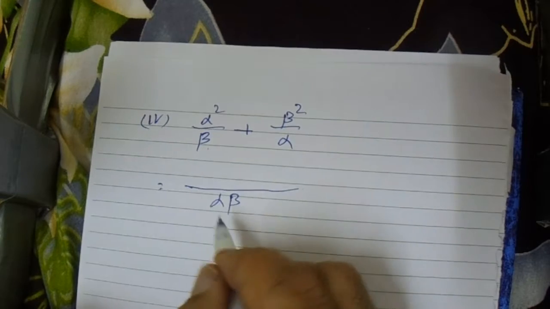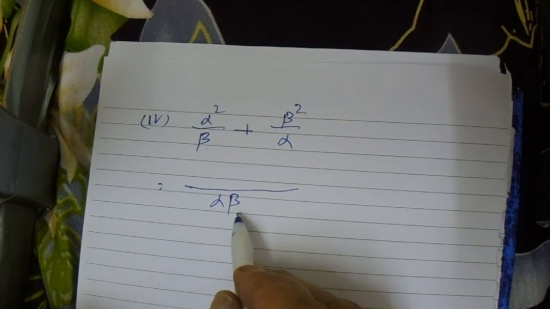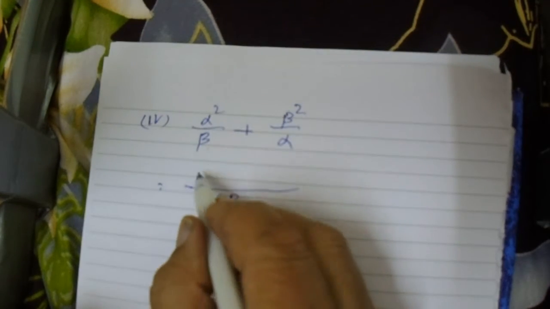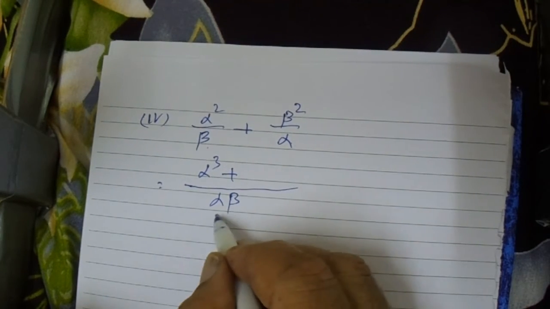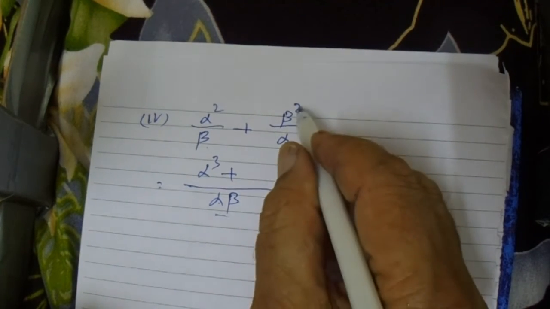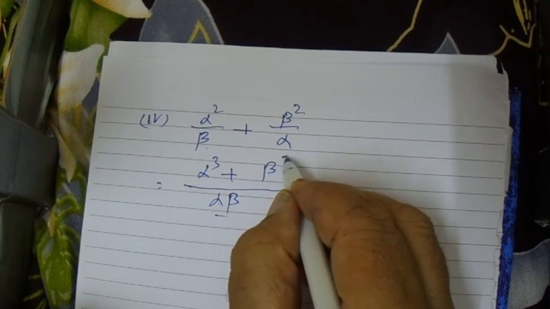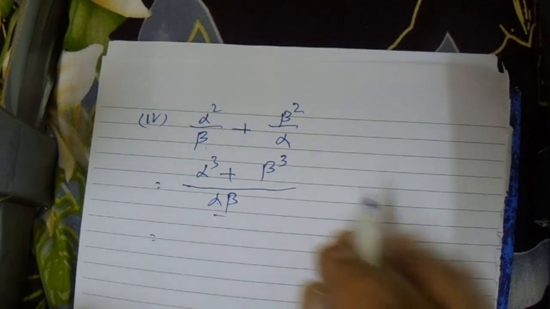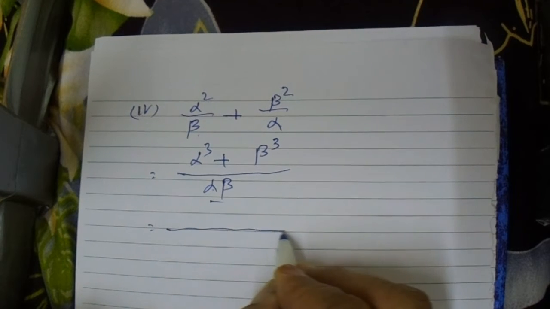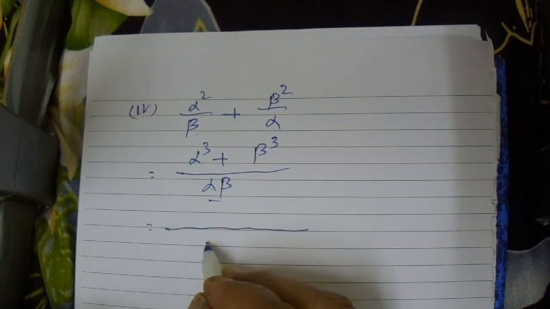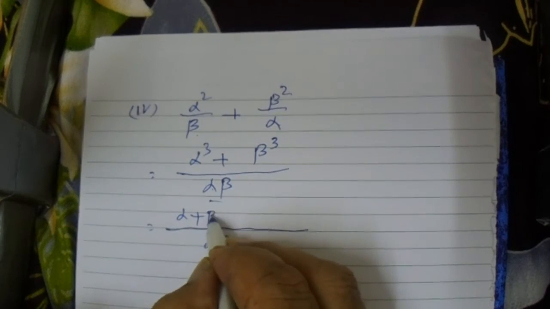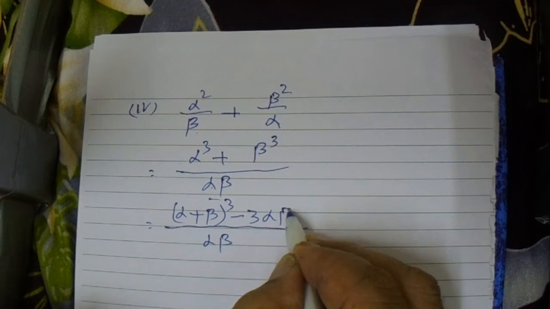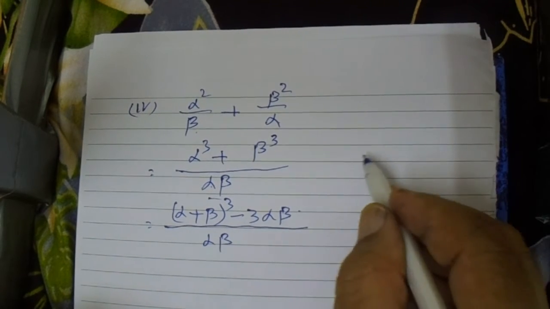This is the LCM, and this divided by this, beta will cancel, and alpha multiplied by alpha square is alpha cube. We write this plus alpha divided by this, alpha will cancel, beta multiplied by beta square is beta cube. Now we know that alpha cube plus beta cube is equal to alpha plus beta whole cube minus 3 alpha beta times alpha plus beta, as we have solved in this question.